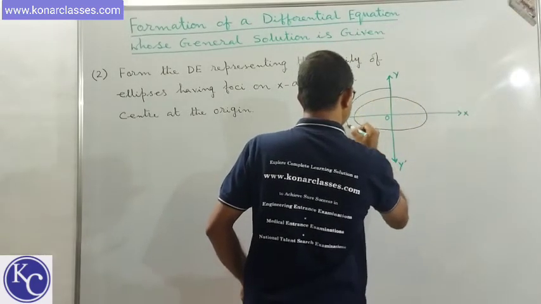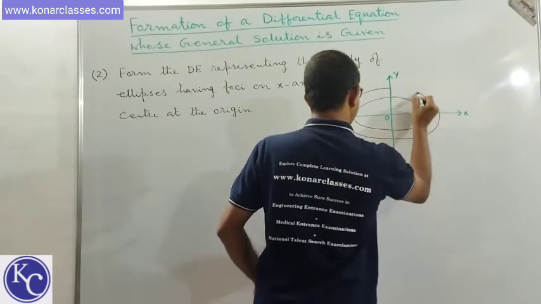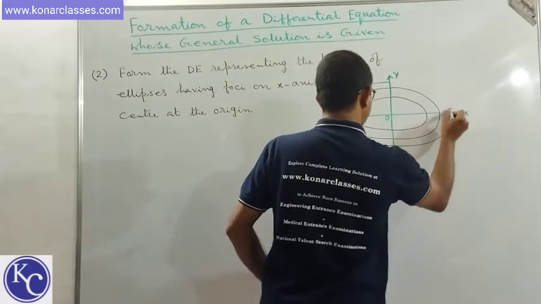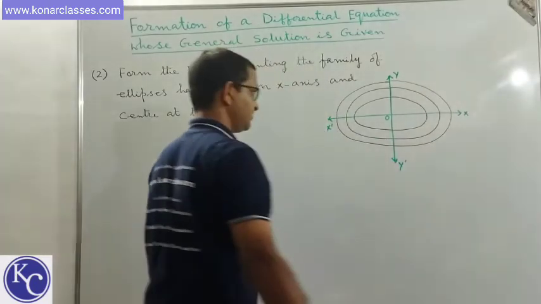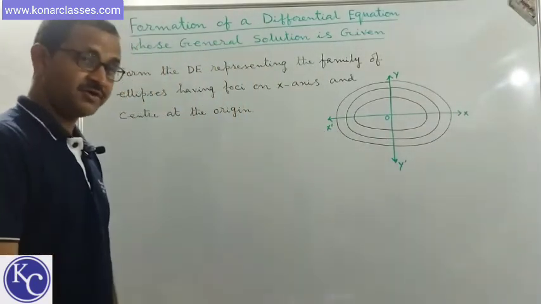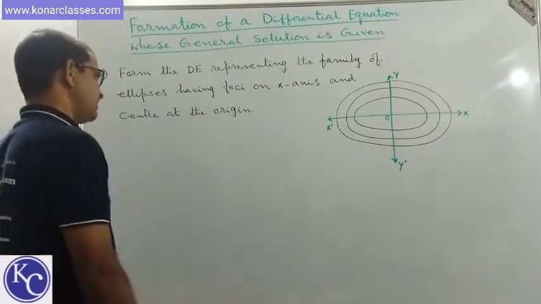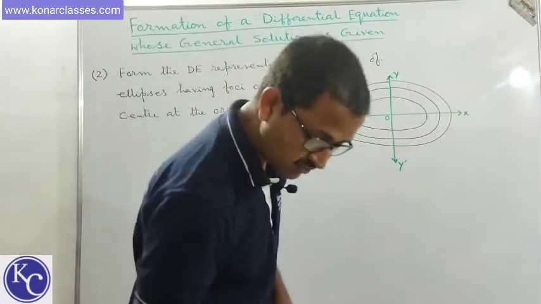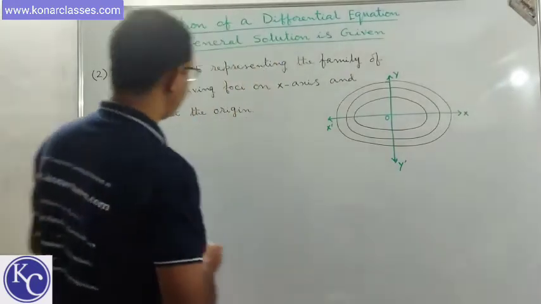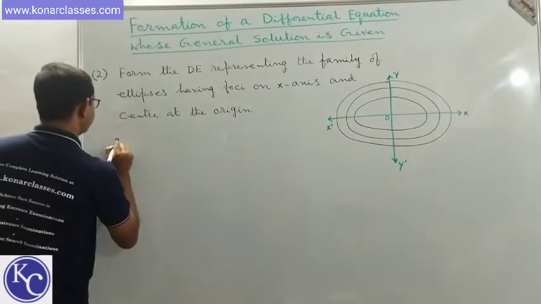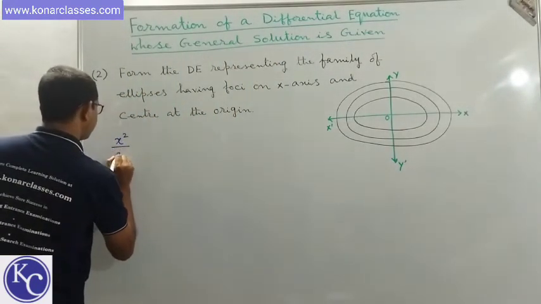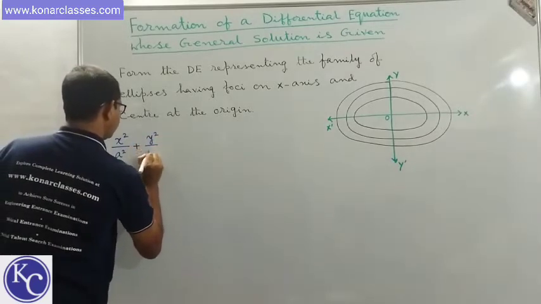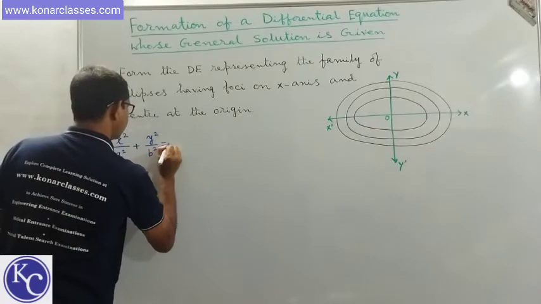Now the family of ellipses, my drawing is not that great, but you understood exactly what is meant by that. So these are the family of ellipses. What is the equation? If you recall our classes on ellipse, its equation is x square by a square plus y square by b square equal to 1. Correct?